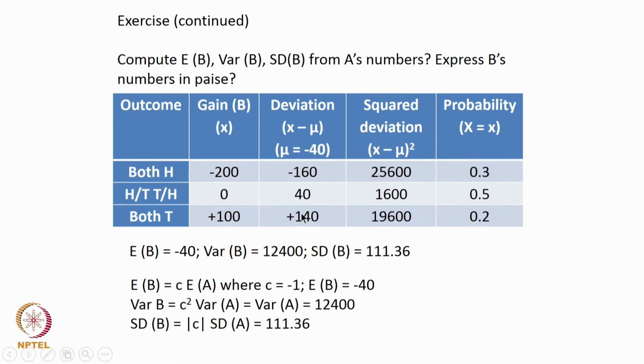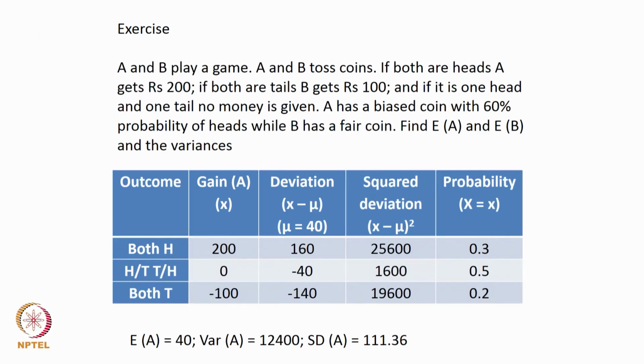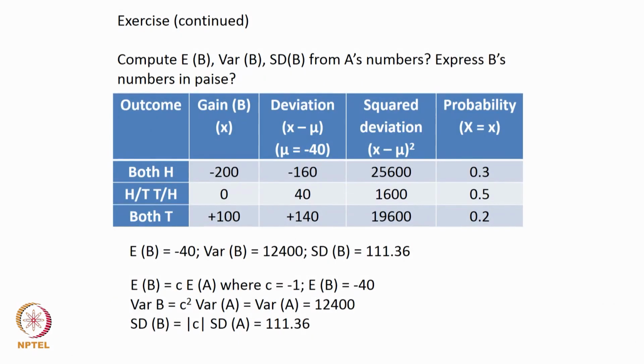If you see carefully, in the previous case, the values were 160, minus 40 and minus 140. Here it is minus 160, 40 and 140. So, x minus mu square will be the same, because here you have negative, there you had a positive. So, 25,600, 1,600, 19,600.